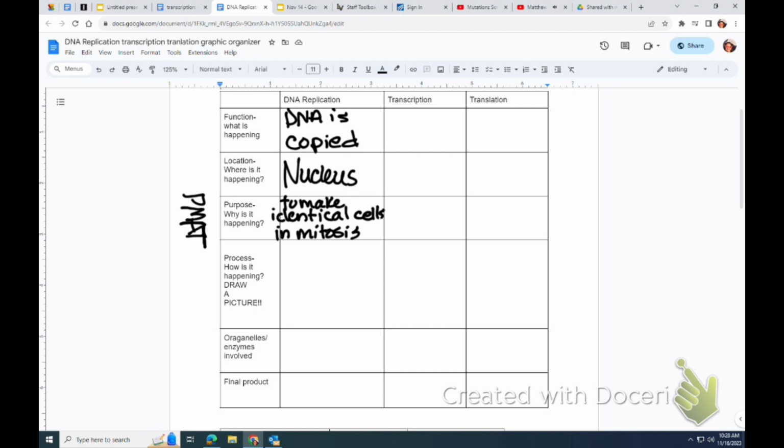So DNA splits, and it adds nucleotides. So I'm going to draw, on the left-hand side, my DNA is not split, right?